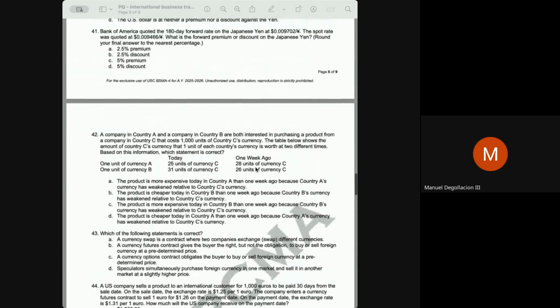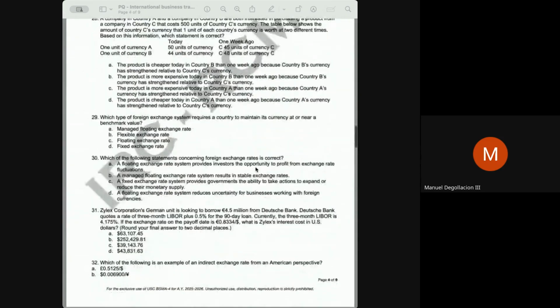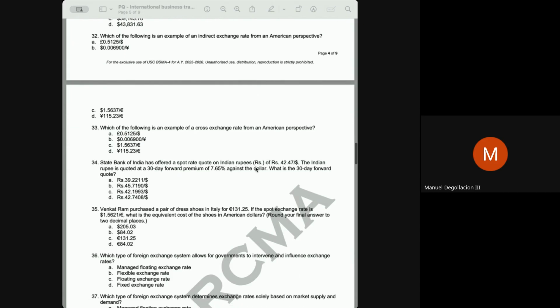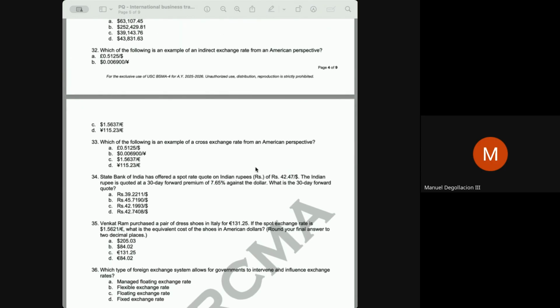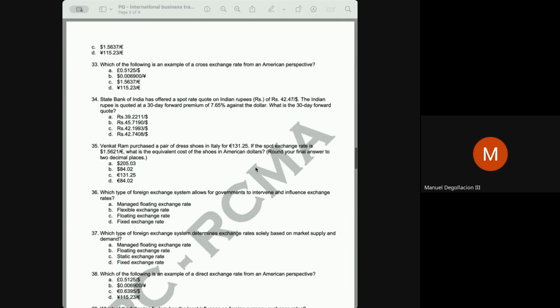By the way, going back to number 41 and 34, please take note of the difference.